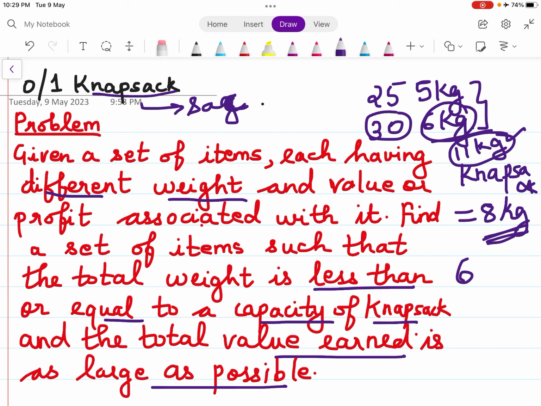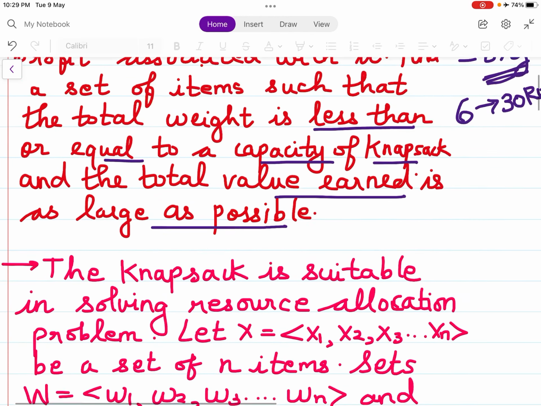So you will include 6 kgs and you will say 30 rupees is the profit. You will not take the 5 kg into consideration. So you have to see to it that the profit earned is maximum and it can be equal to or less than the capacity. In our case, it is less than the capacity of the knapsack.